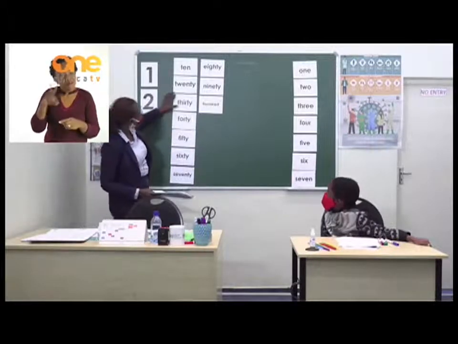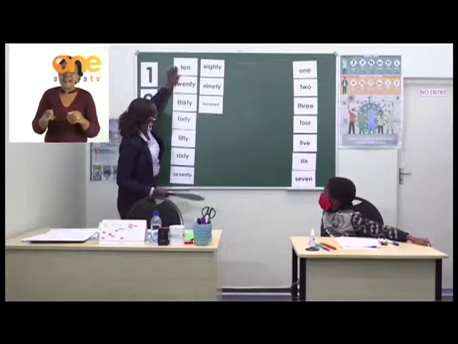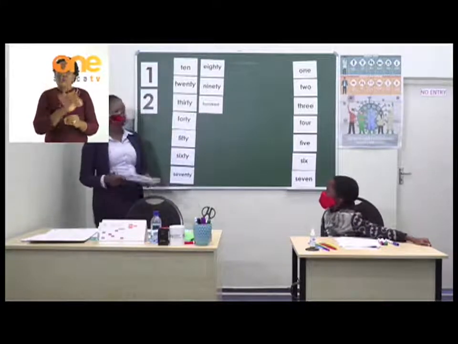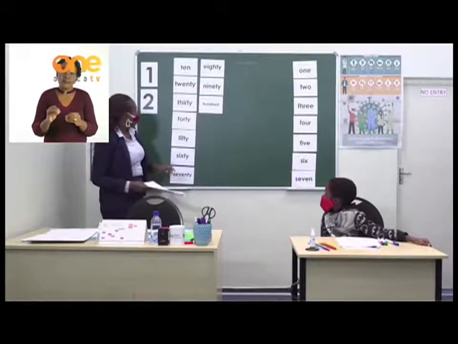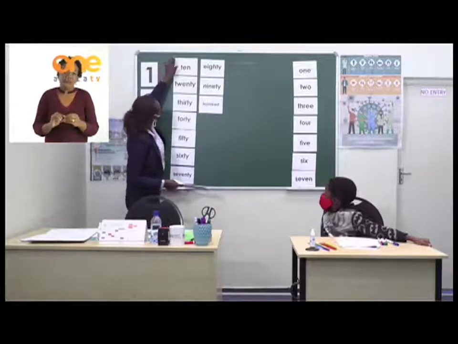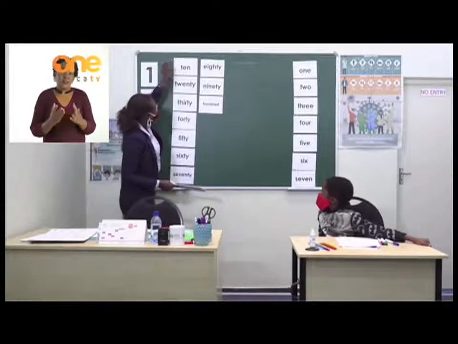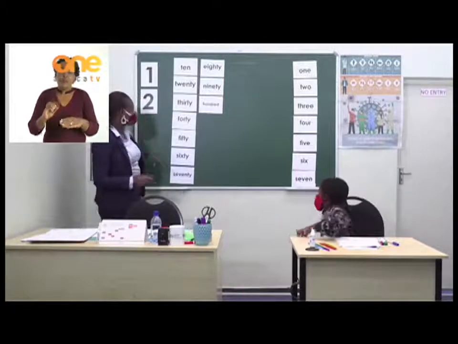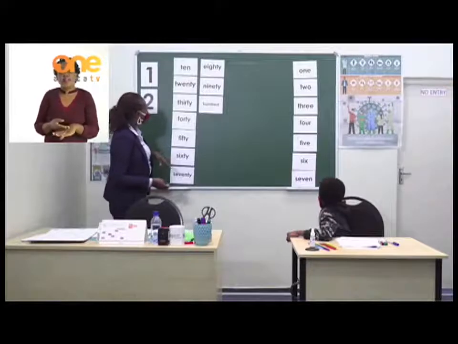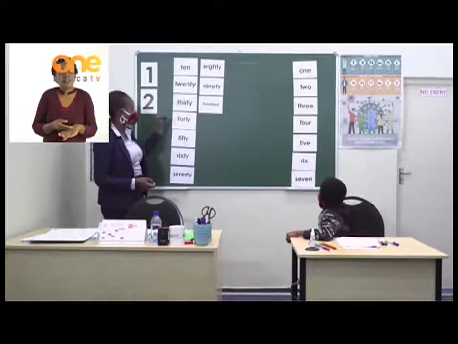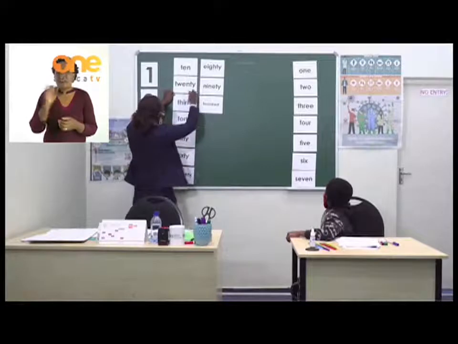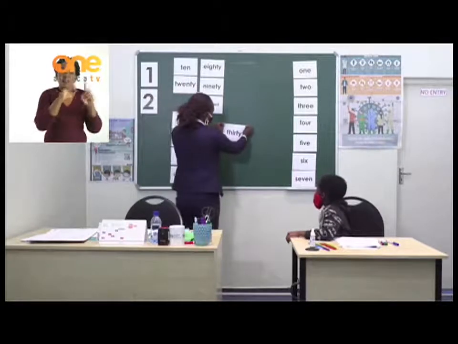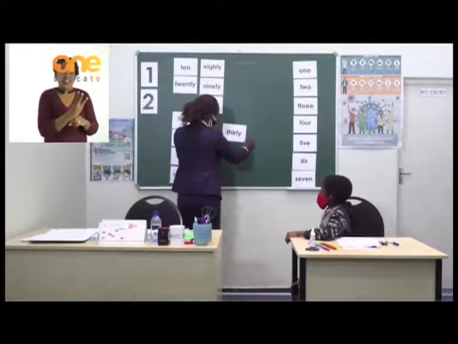I also have numbers here from 10 to 100 in words. When you want to write them, I want to give an example here. Let's say you want to write 35. You take your 30, because you know the spelling, you put it here.